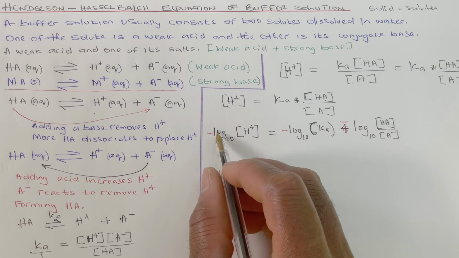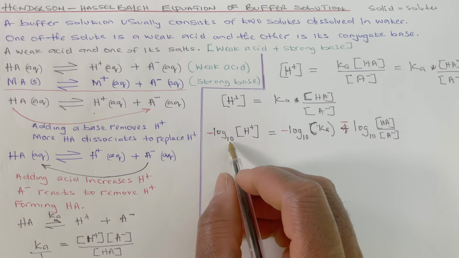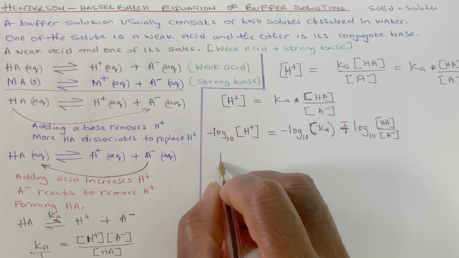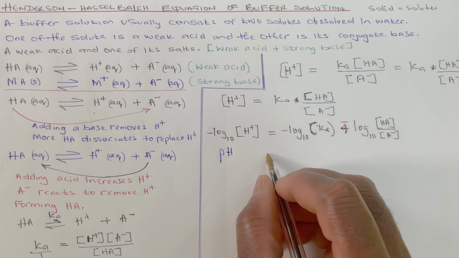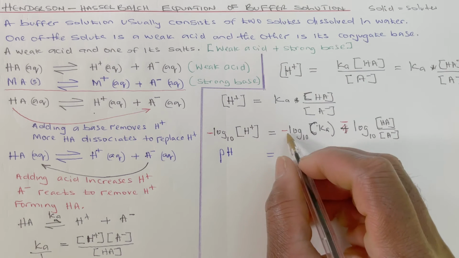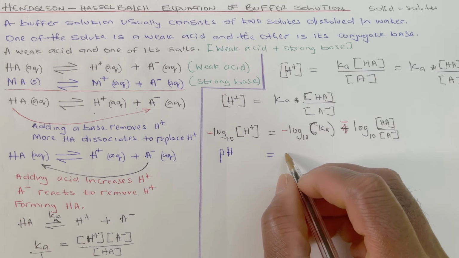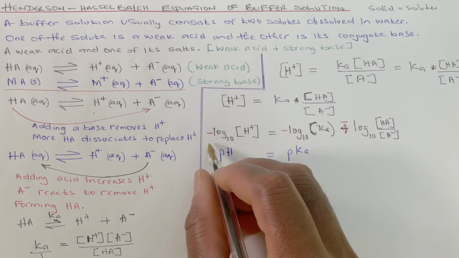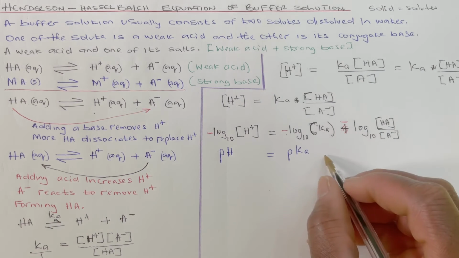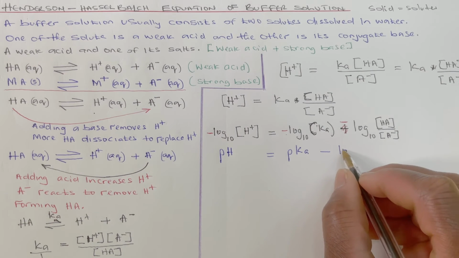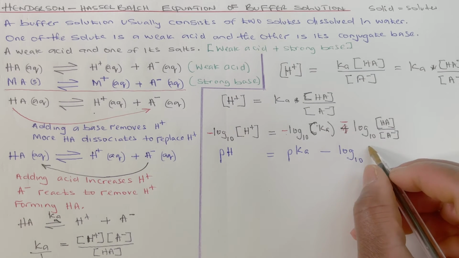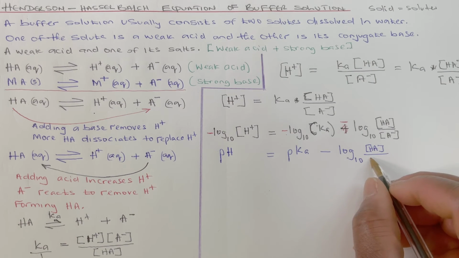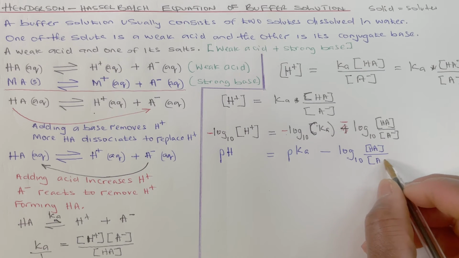And we know that minus log base 10 of H plus is pH. So pH will be equal to minus log base 10 of Ka, which is pKa, but the second term is minus because I multiplied by minus, so it will be minus log base 10 of the concentration of acid over the concentration of base.